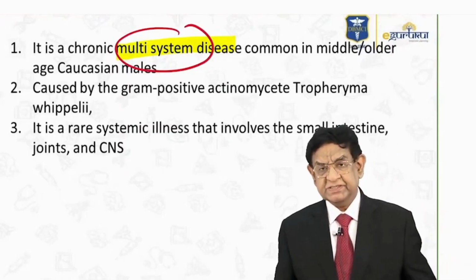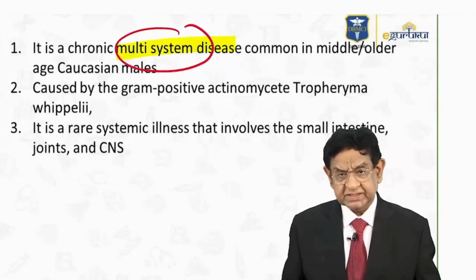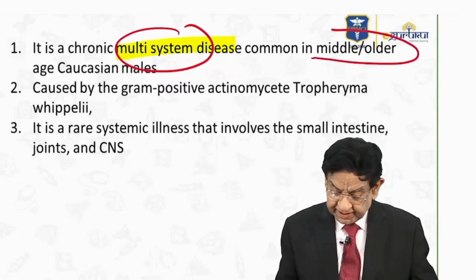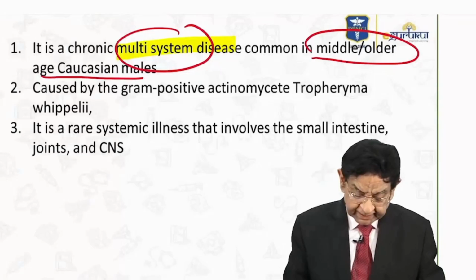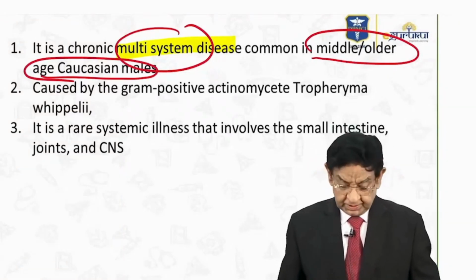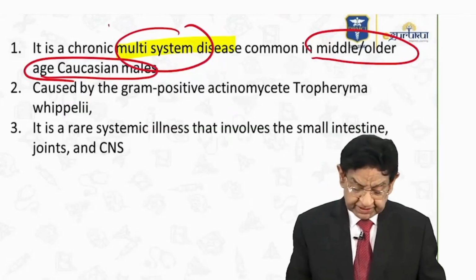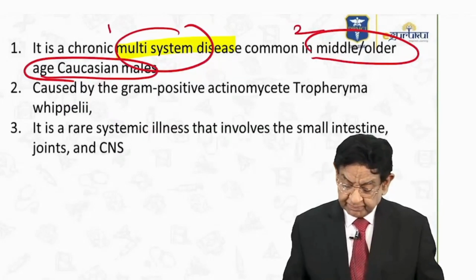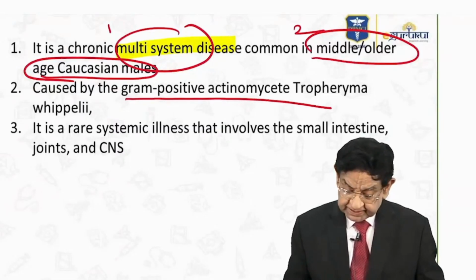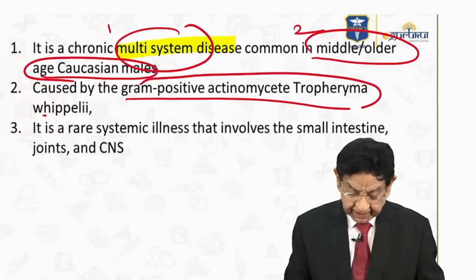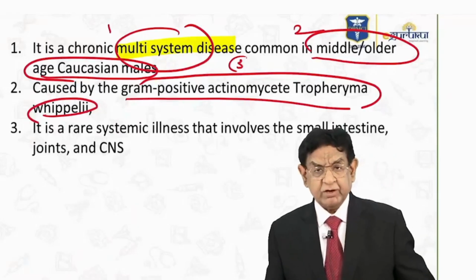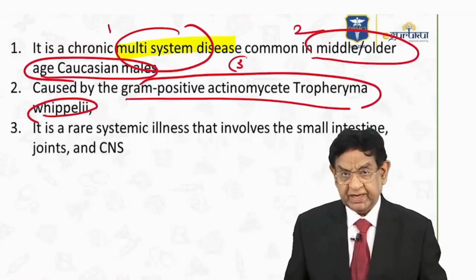That means other than the GIT, it involves many other systems also. It usually occurs in middle-aged or older males, right? So the first keyword is multisystem, older male, caused by a gram-positive actinomycete, the so-called Tropheryma whipplei. This is the third keyword. So microbiology, Tropheryma whipplei.